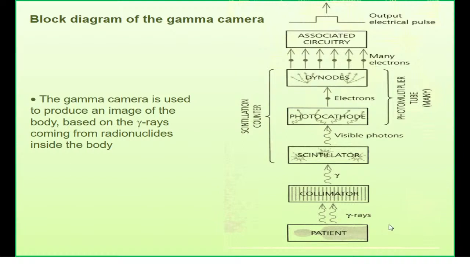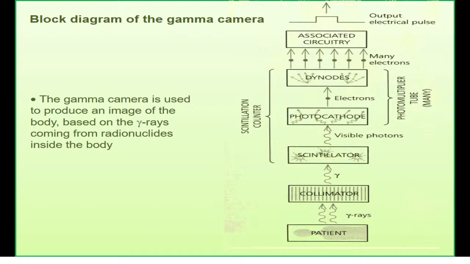And the abnormal regions store the element to a greater extent than normal structures. It is the specificity of, for example, cancer tumor cells.